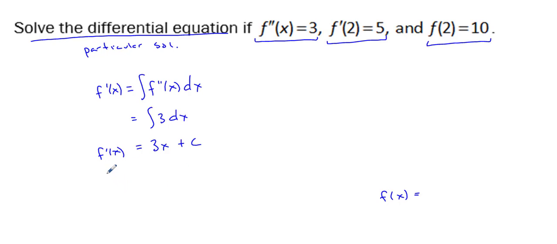So that would be what? 5 equals 3 times 2 plus c. Because f prime of 2 is 5 when x is 2. So what would that be? C equals, that's 6. Subtract 6 minus 1. So f prime of x is equal to 3x minus 1.